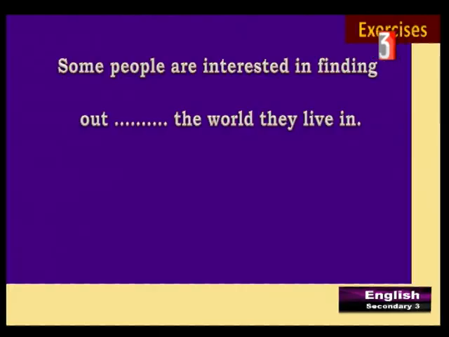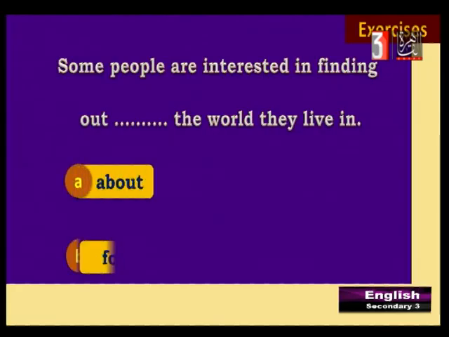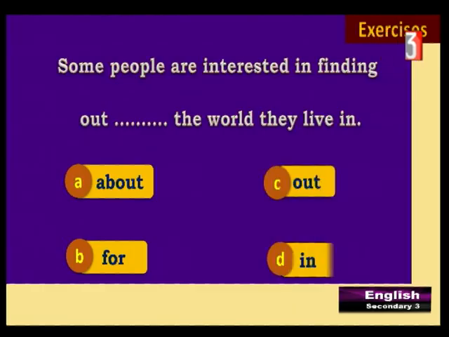People are interested in finding out the world they live in. Sometimes, besides the vocab, we get expressions and phrasal verbs, where three words give me a meaningful word. It means here finding out. Try to guess. About. For. Out. In. So finding out. Yes.